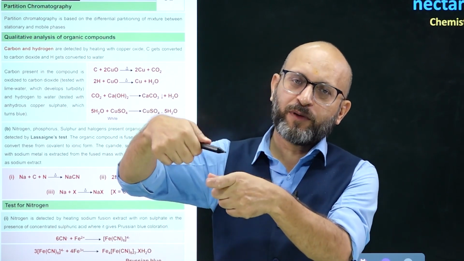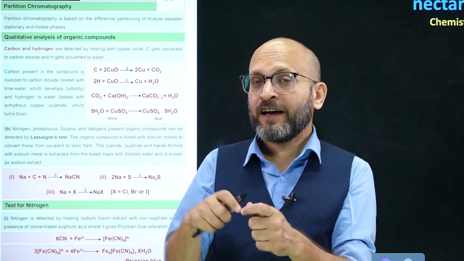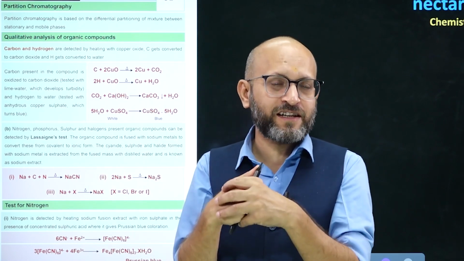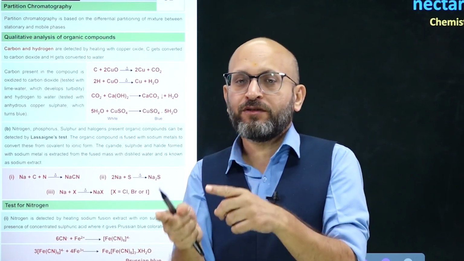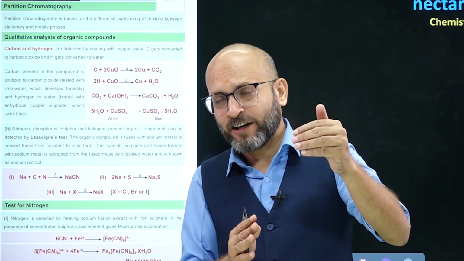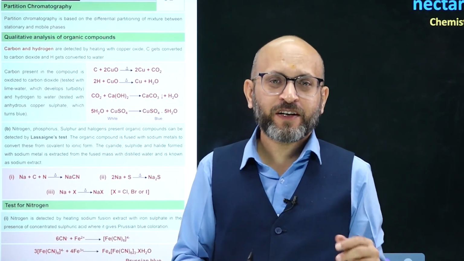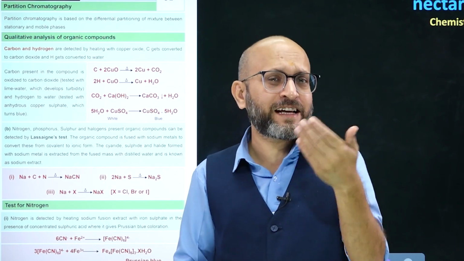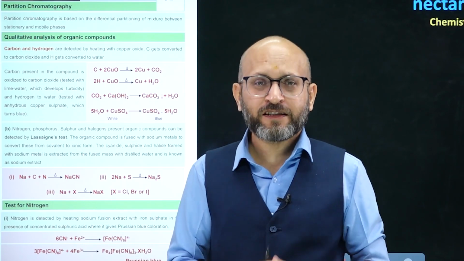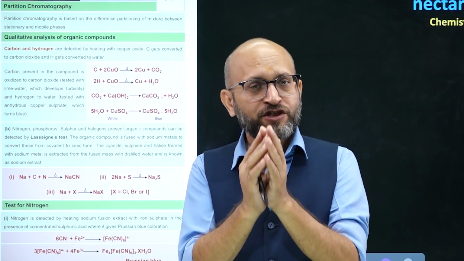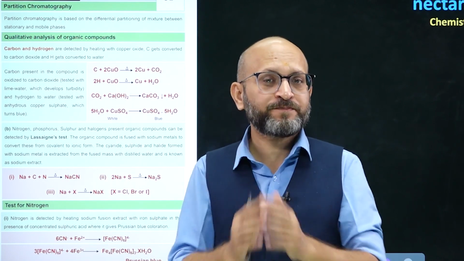When it is red hot, we dip it into distilled water, crush it and do filtration. The filtrate we get is the Lassaigne fusion extract, commonly also known as sodium fusion extract. Sodium fusion extract is used for detection of nitrogen, sulfur and halogens, right?